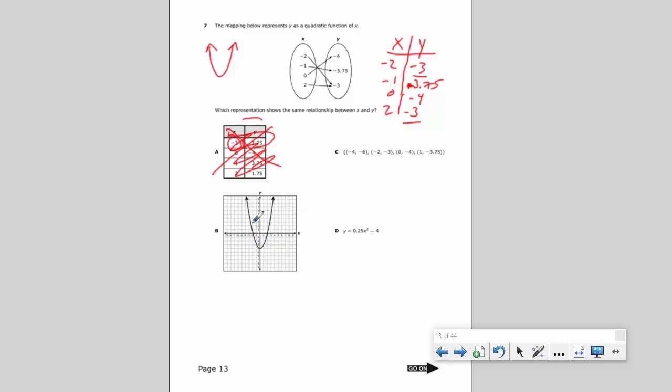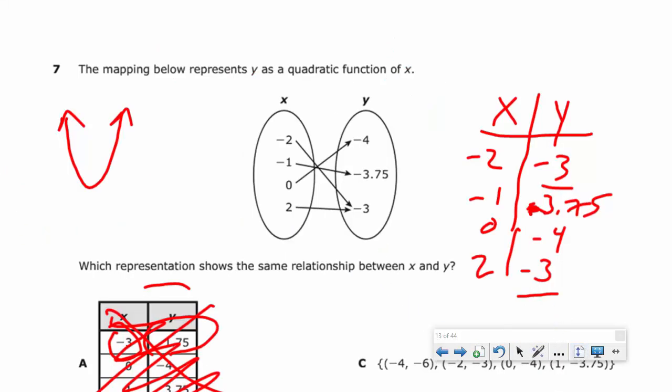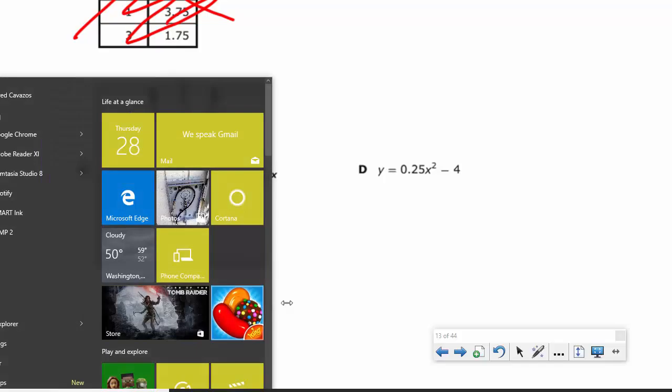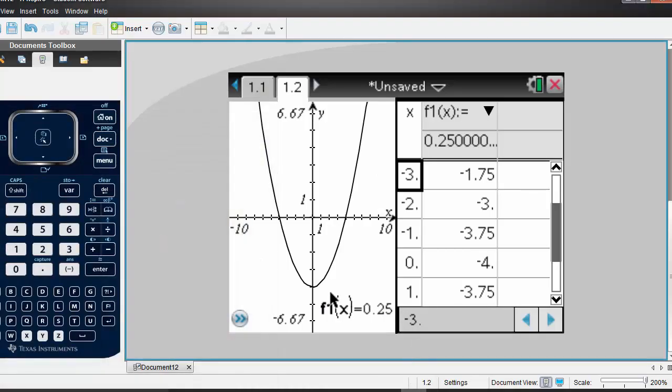Okay, so now we're going to check this. Does this graph look like my graph? I really want to zoom in on that one. This graph crosses the y-axis at -4. I notice that's where the vertex is. So let's take a look at my graph. Let's just see if it compares at all. My graph also crosses at -4.